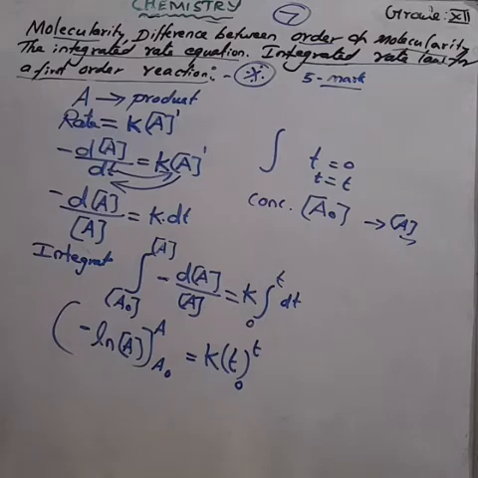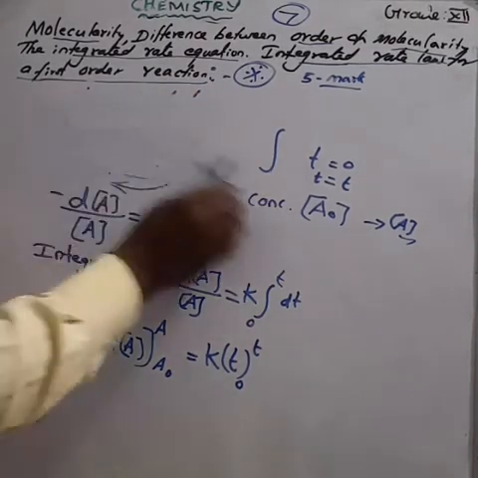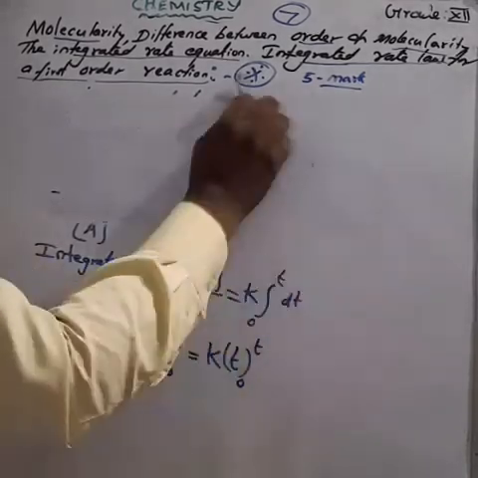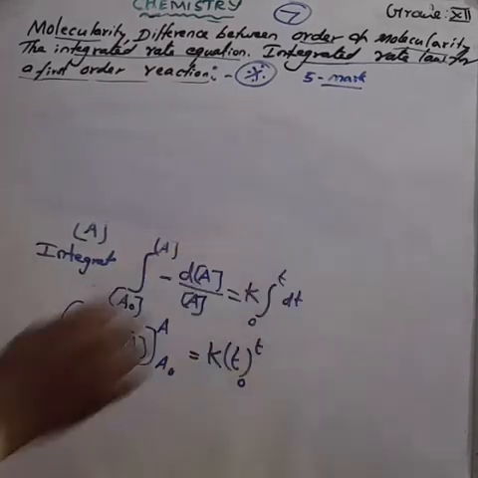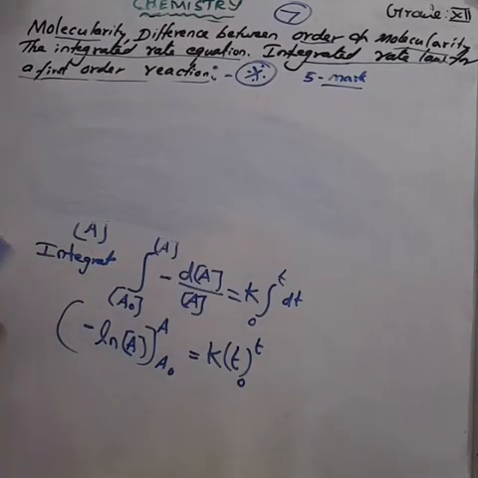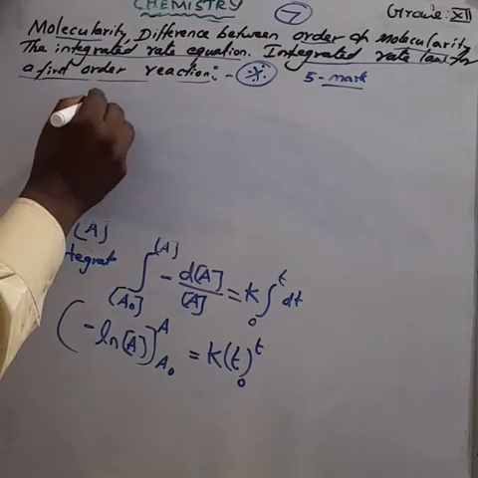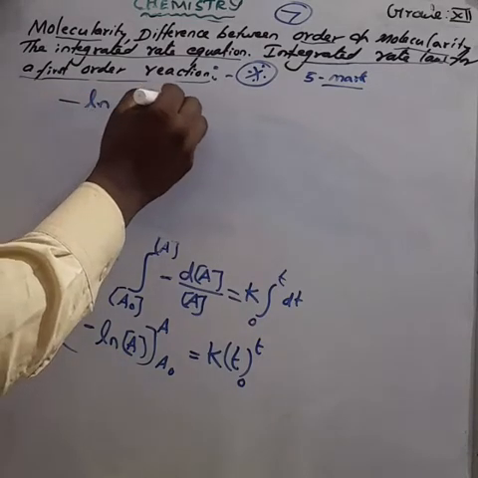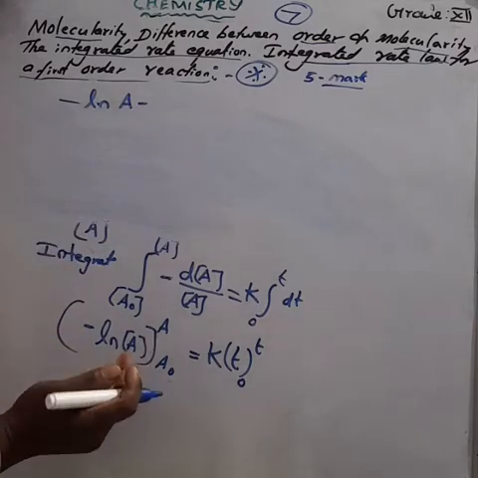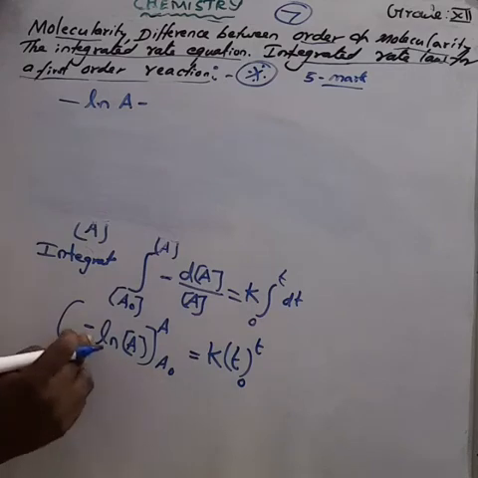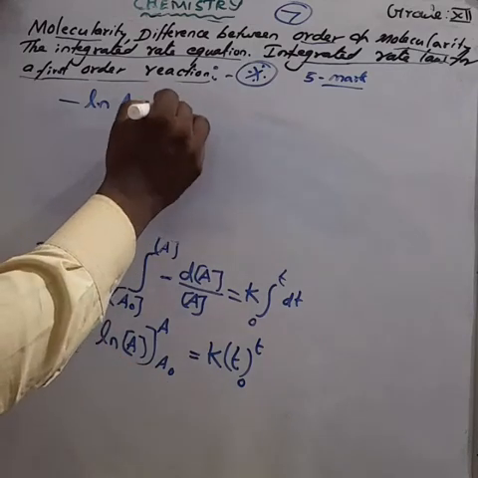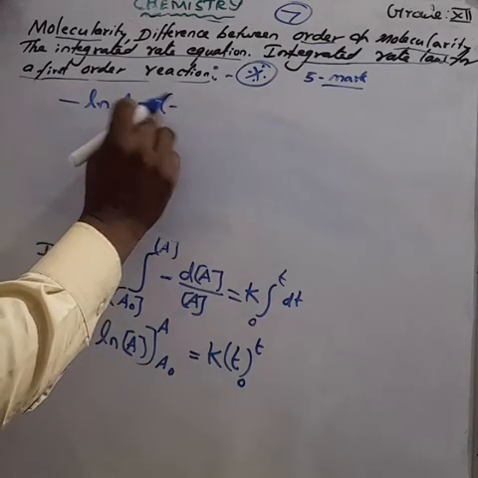Next step, upper limit minus lower limit. Here, first I am writing minus ln A, minus, again one more minus, minus ln A naught. So here there are two minus signs, so I am making a bracket.